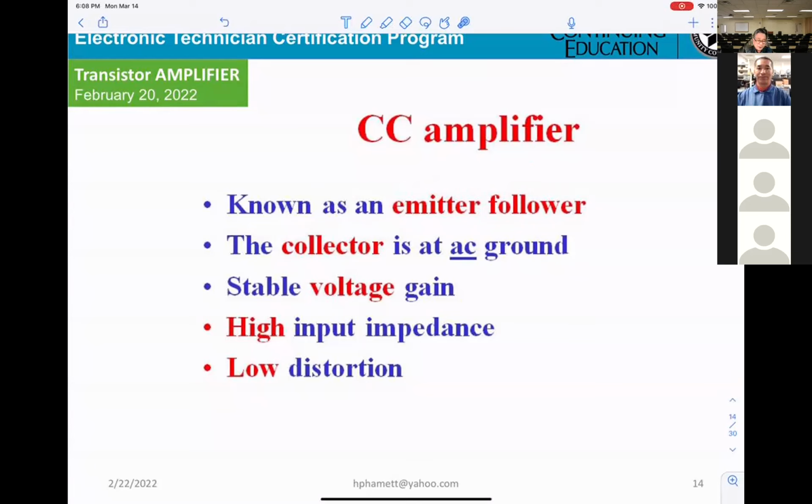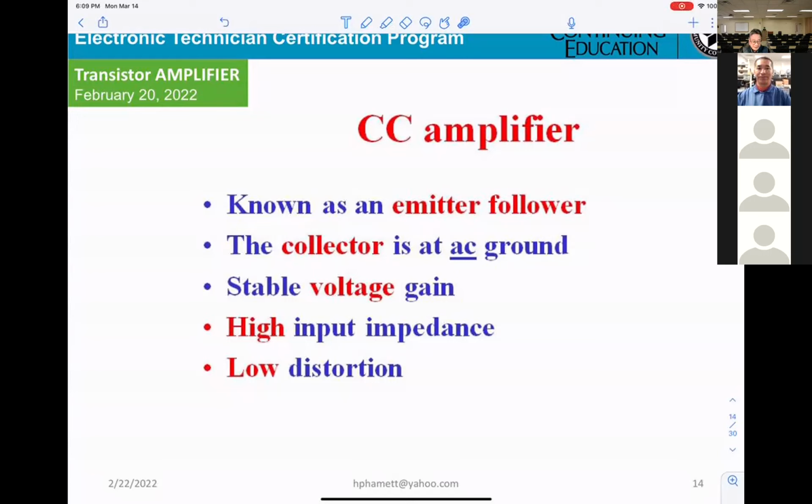Remember, common emitter, so in AC the emitter will be grounded. Common collector, at AC the collector will be grounded. Common base, in AC the base will be grounded.